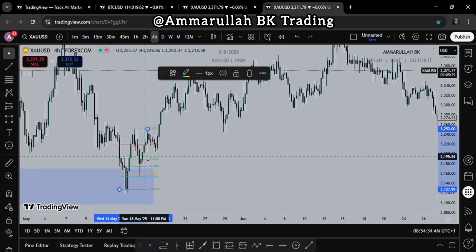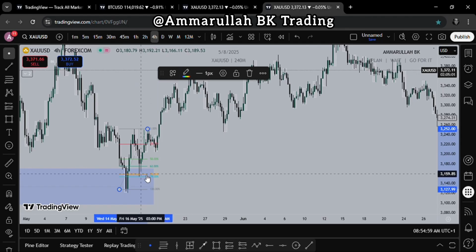So anything that will be below equilibrium, that will be discount, and anything that will be above the equilibrium, that will be premium. So whenever somebody is looking for an opportunity to buy a specific pair to go long, right, they will always be willing to buy at a discounted level, right?